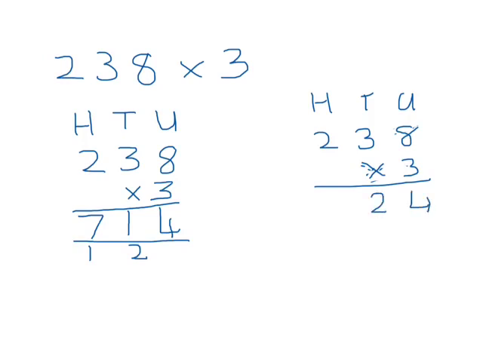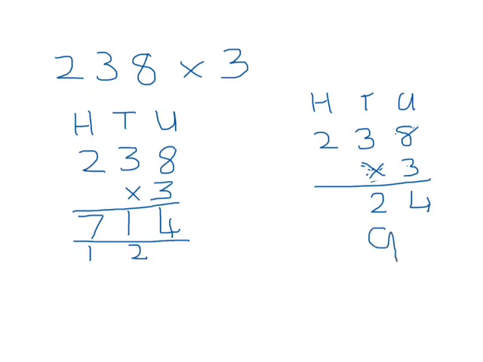And we write the whole answer together. Then we say 3 times 30, because this is really 238. We say 3 30s are 90, and we write the whole answer underneath.